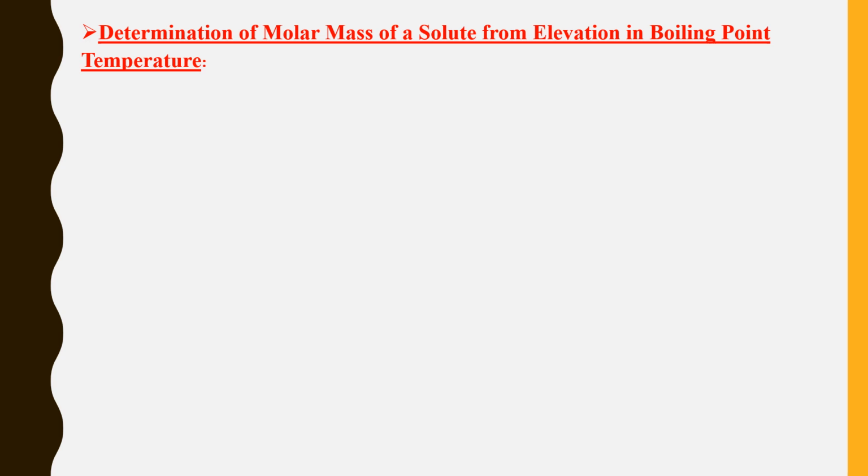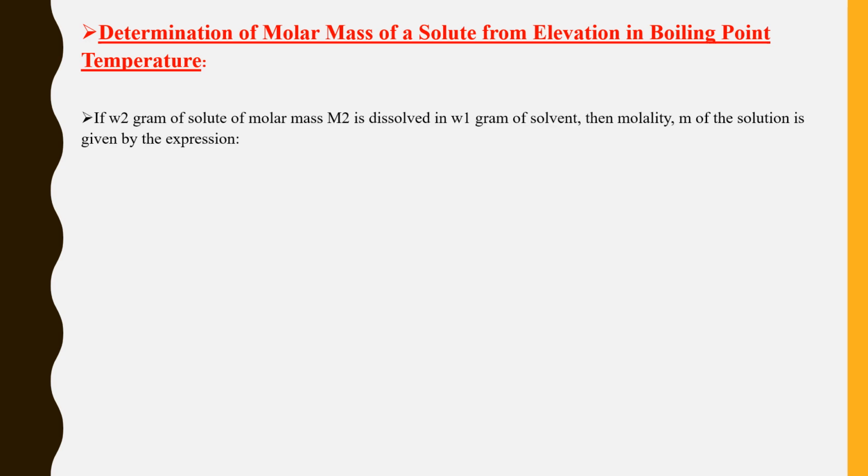From elevation in boiling point, we can also find out the molar mass of solute. If W2 gram of solute of molar mass M2 is dissolved in W1 gram of solvent, then molality m of the solution can be expressed as: molality will be equal to number of moles of solute divided by weight of solvent in grams into 1000.